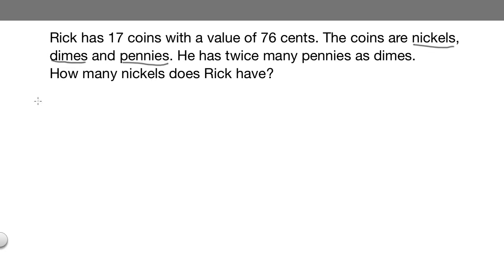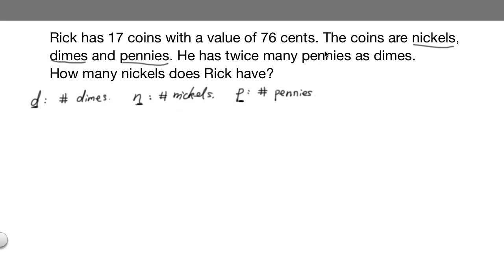Let's use D as the number of dimes, N as the number of nickels, and P as the number of pennies. I use the first letter of each coin as the number of that type of coin so that I won't get confused later. So it's kind of a little trick.